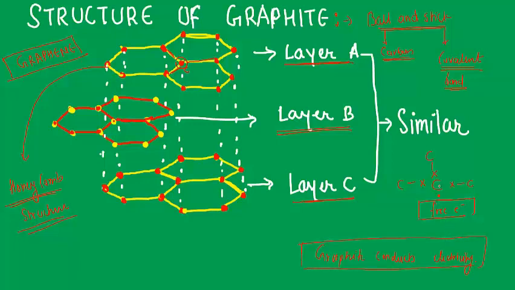Why is this free electron there? Because each carbon is bonded to 3 other carbon atoms, and carbon has 4 valence electrons. So this electron is the free electron, right? And one more important thing, this electron won't jump from this layer to layer B or layer C. It will only move within layer A.